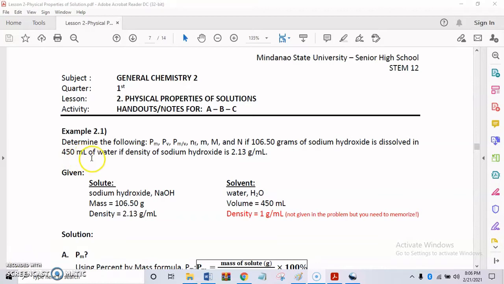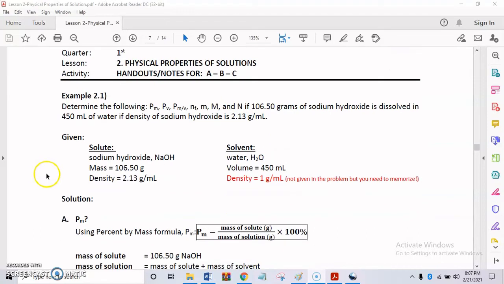Example 2.1, determine the following: percent by mass, percent by volume, percent by mass and volume, the mole fraction, molal, molarity, and the normality if 106.50 grams of sodium hydroxide is dissolved in 450 ml of water. If density of sodium hydroxide is 2.13 gram per ml. We are given a solute and a solvent.